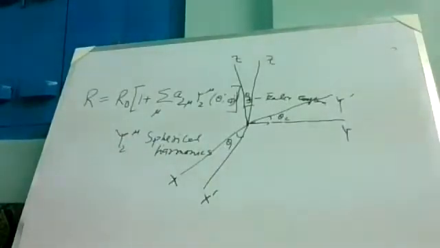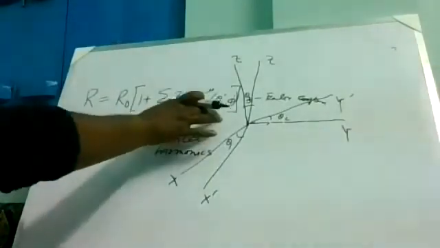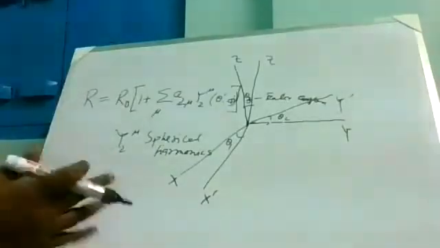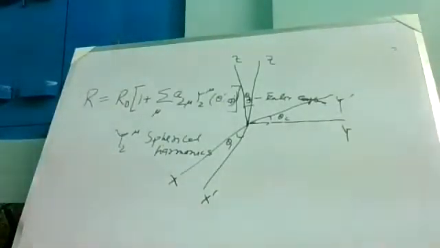Now, in space set of coordinates, this part will be 0, because in space set R equals R0.